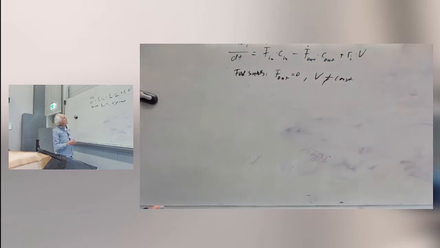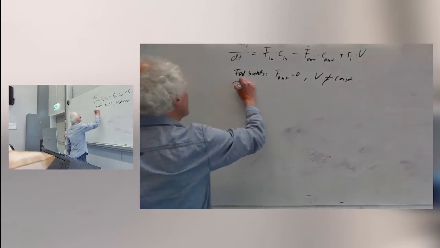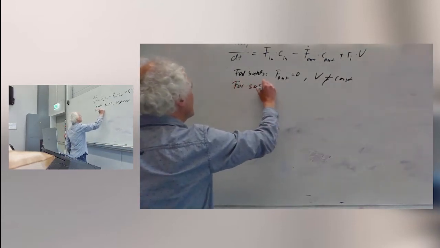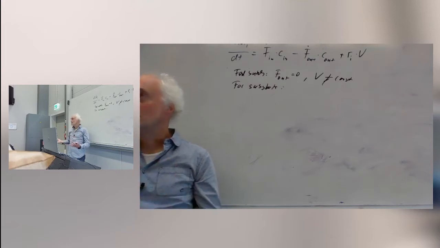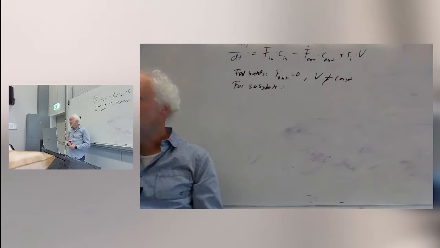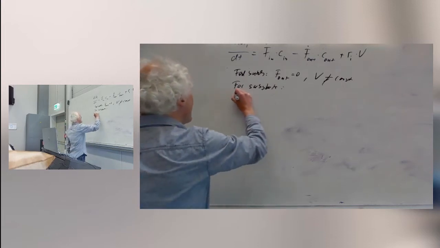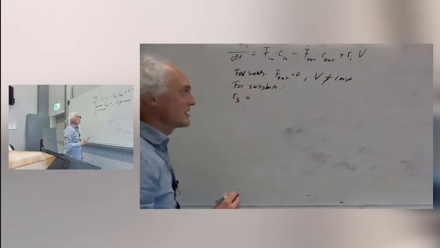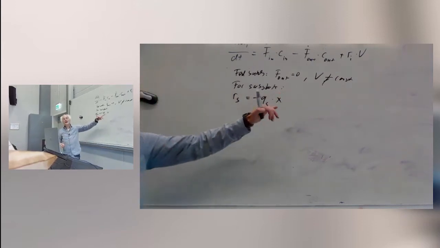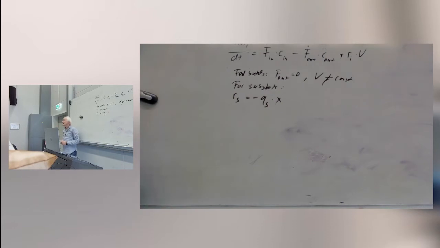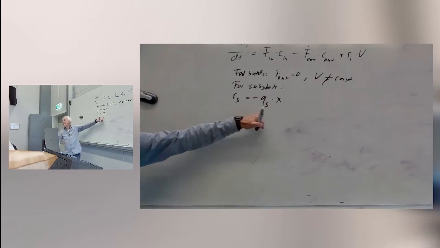So if I now look at the substrate, I have, of course, a substrate consumption. And what we know from kinetics is that the rate Rs for a substrate is then minus the specific substrate consumption rate Qs times X. This we will talk about in kinetics, just believe me, but you see that it's the same as in our other equation for biomass.